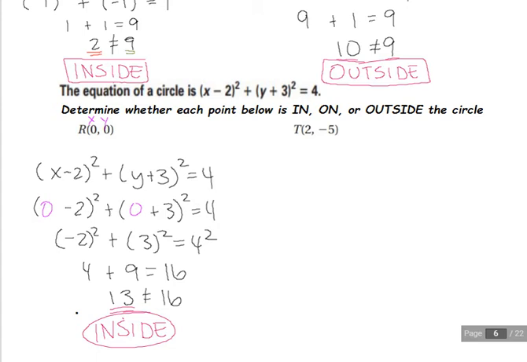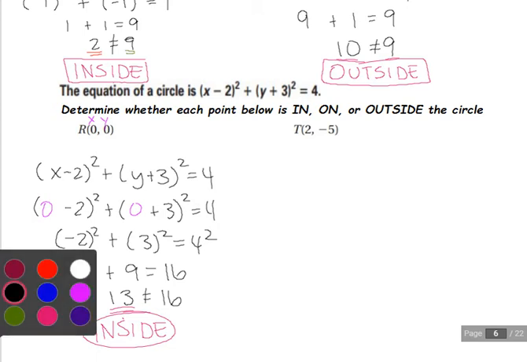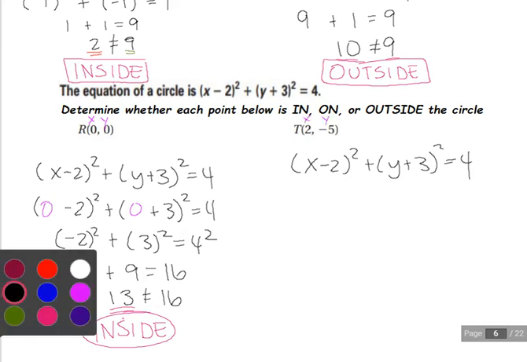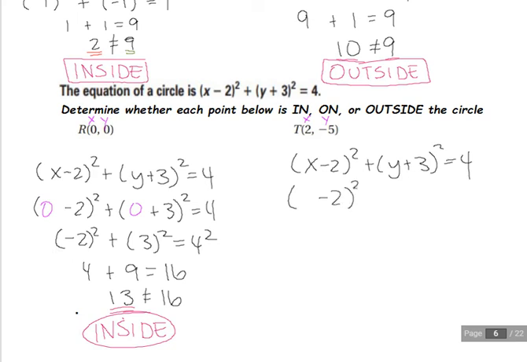All right, so (x minus 2) squared plus (y plus 3) squared is equal to 4 squared. And the point we're checking is going to be 2 comma negative 5. So let's get that substituted in for our x and y. And remember, when we do the substitution, it essentially turns the left-hand side of this equation into a distance calculation, because that is essentially a distance formula, just not square rooted.